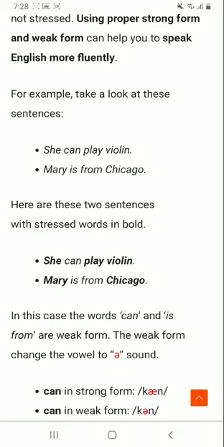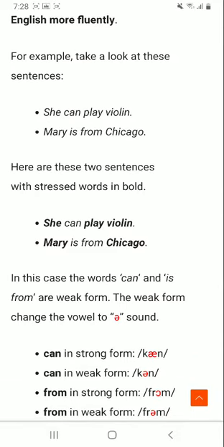Mary is from Chicago. So here are two sentences with stressed words in bold. See, what are the words we stress? We give stress to she, play, violin. Again I will read out: She can play violin. And see the next sentence: Mary is from Chicago.